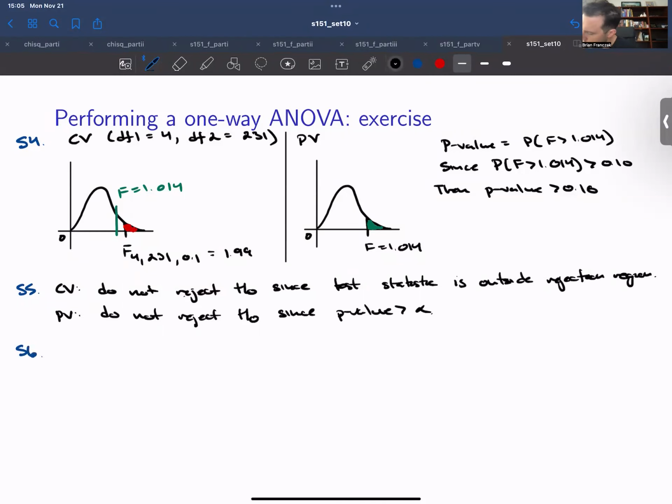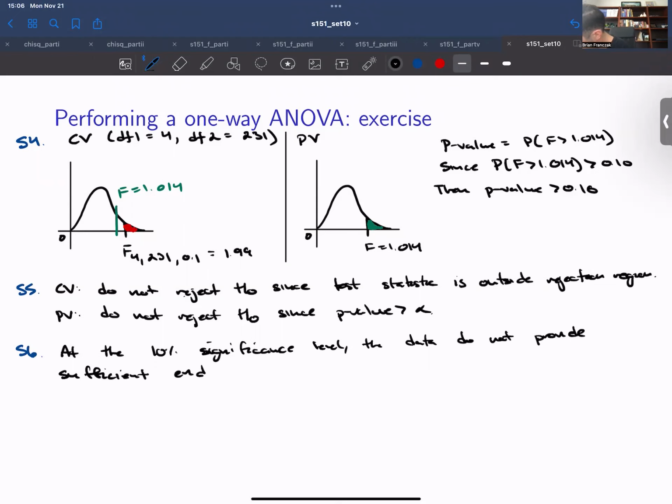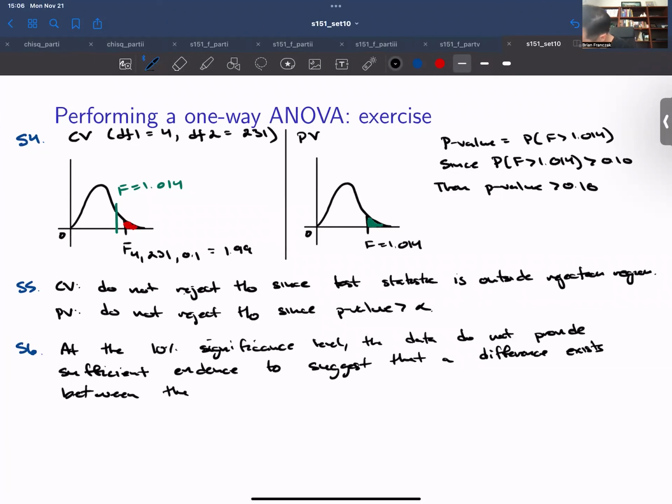All right, and then the last thing we have to do is conclude. So here we would say at the 10% significance level, the data do not provide sufficient evidence to suggest that a difference exists between the mean BMI across each dosage level of denosumab.